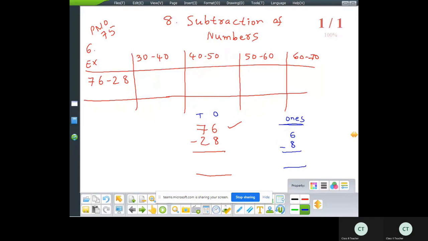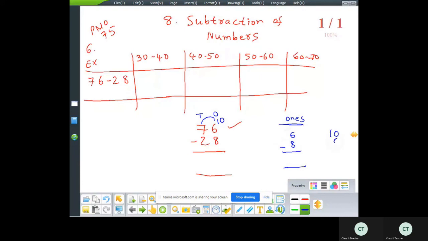But we cannot take 8 from 6. We cannot take a bigger number from a small number. The bigger number is in the bottom, the small number is on top. This time we need to borrow. We take the borrow from the number beside 6. From 7 tens we take 1 ten.